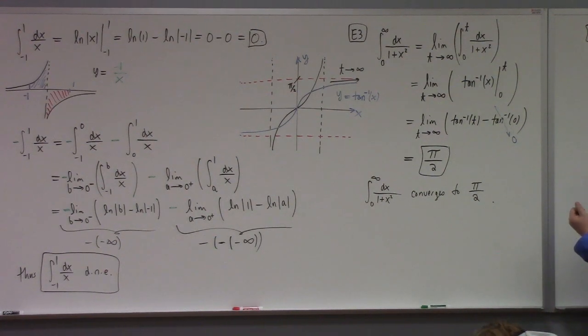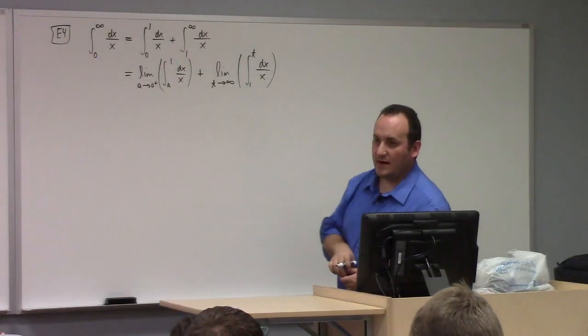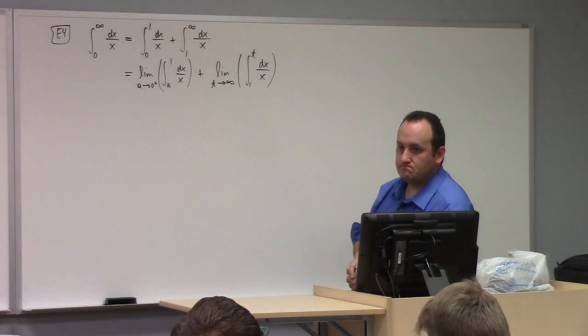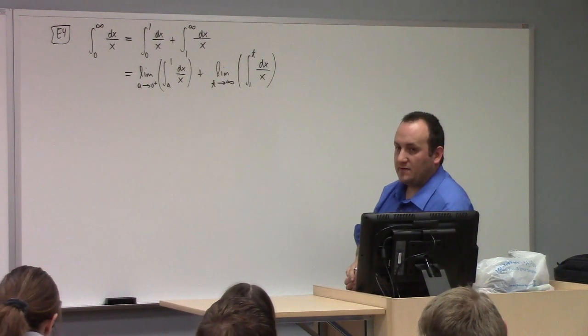And so that means the limit as a goes to 0 from the right of the integral from a to 1 of dx over x, plus the limit as t goes to infinity of the integral from 1 to t of dx over x. Both of these work out to infinity.